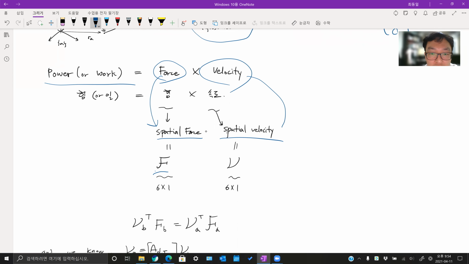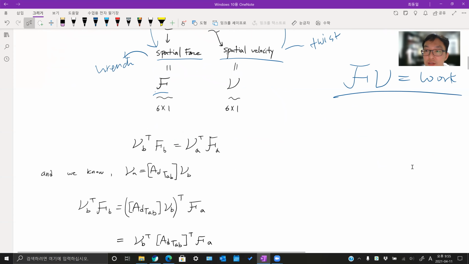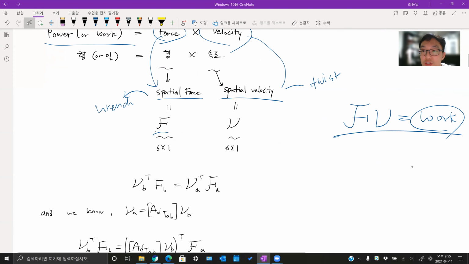So this wrench multiplying spatial velocity means this one is the twist, and this one is the wrench. Wrench multiplying twist equals work. And the work does not change depending on the coordinate system.